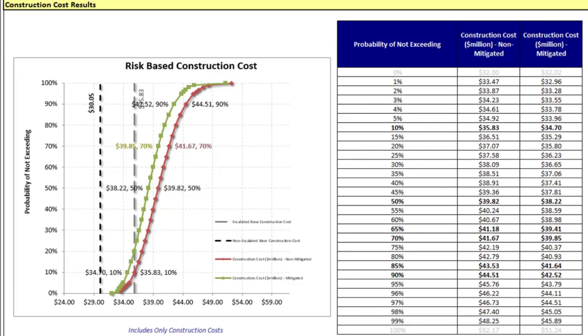So where the original 70th percentile cost was going to be $41 million, we've pushed that through risk mitigation down by $2 million. It's a minor change, but it shows that the risk mitigation strategies have helped reduce the impact and cost.